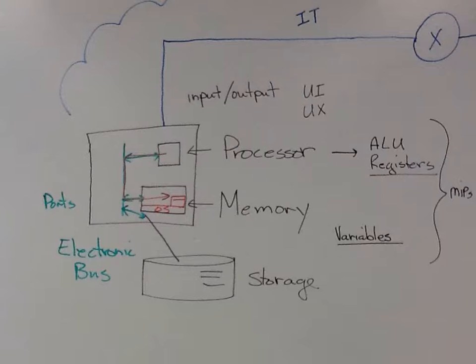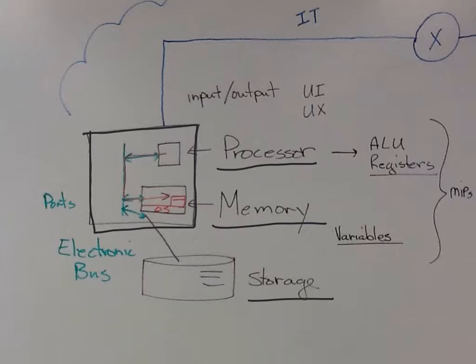So today we did some background work. We talked about PCs or any computing device. They all have a processor and they all have memory, and then in a lot of cases we have storage. Now this here might represent a hard drive.